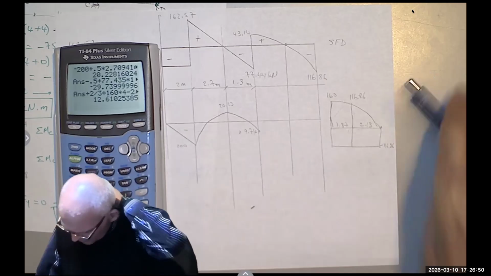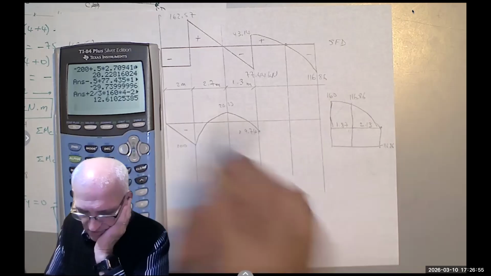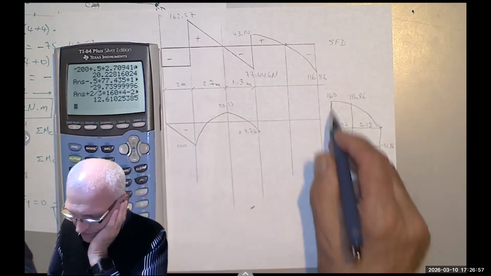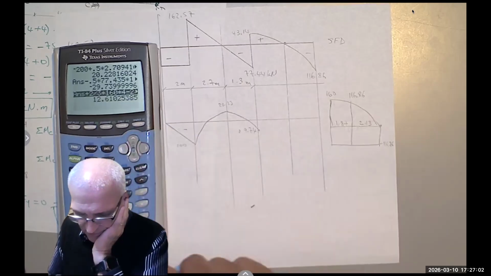Are we doing it correctly? I think so. It's negative 29. I added 2/3 base times height, 160 times 4. Let me check again.